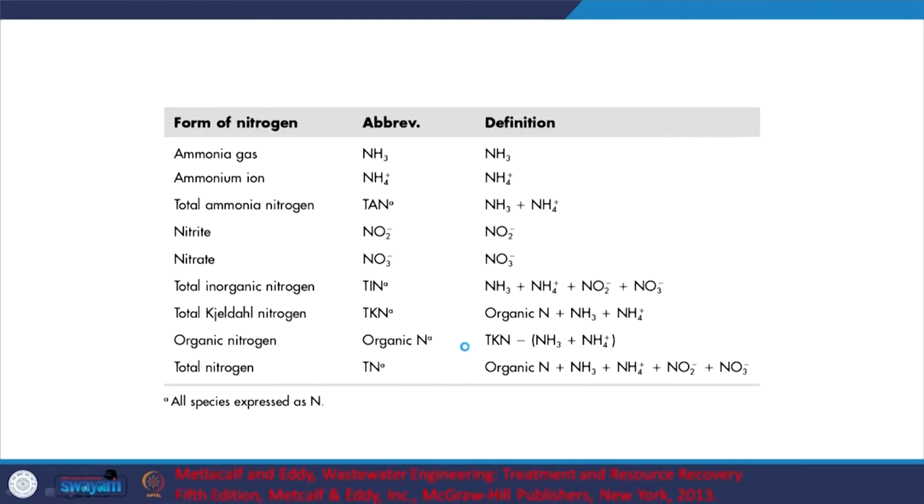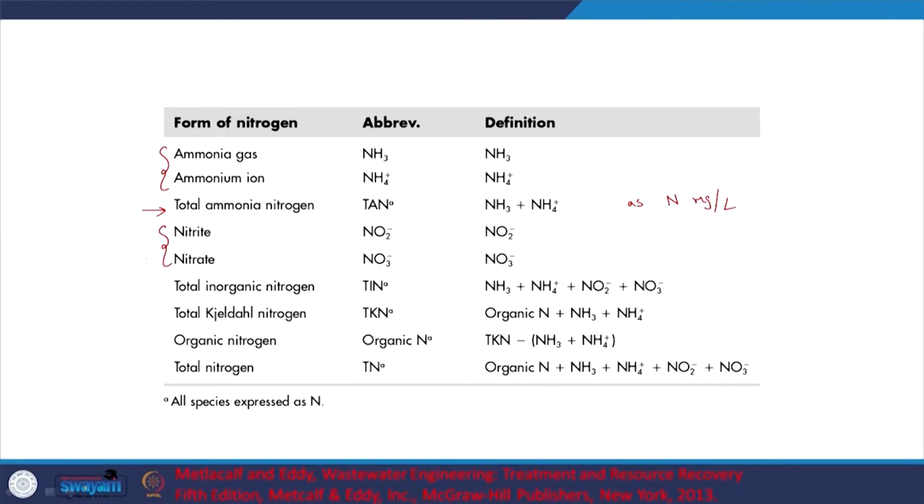Before we go further, what were we talking about in the context of nitrogen? We talk about ammonia or total ammoniacal nitrogen, typically expressed as N, in milligrams per liter, and then the oxidized forms nitrite and nitrate.